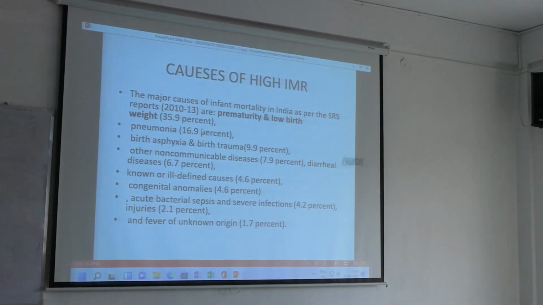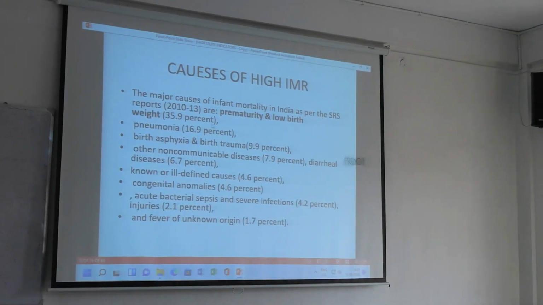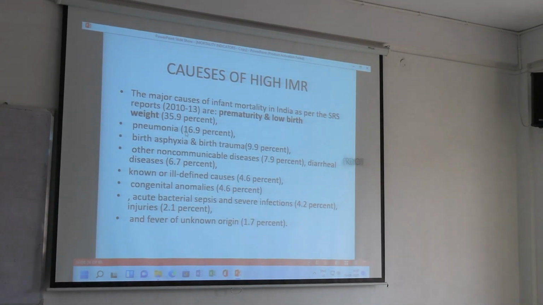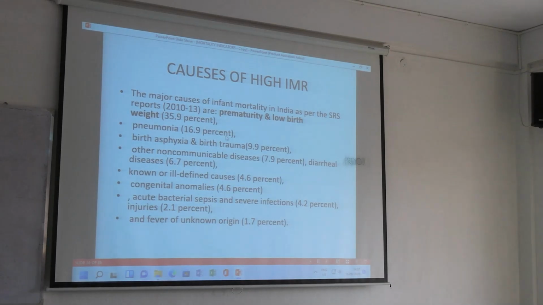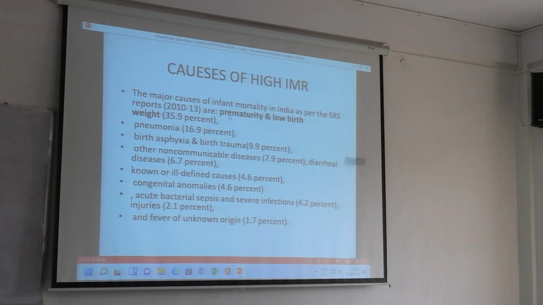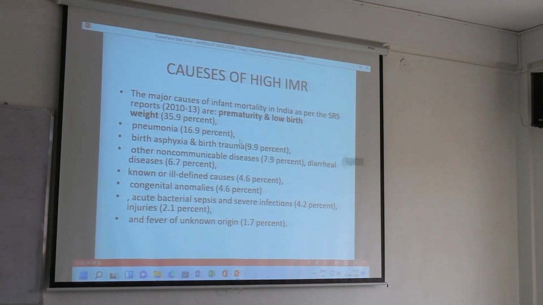The commonest is prematurity and low birth weight, followed by pneumonia, followed by birth asphyxia. So 35.9, 16.9, more than 50%, and adding the others, 60% are due to prematurity and low birth weight, pneumonia, birth asphyxia and birth trauma.